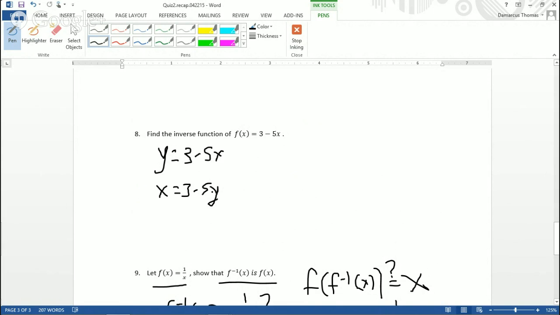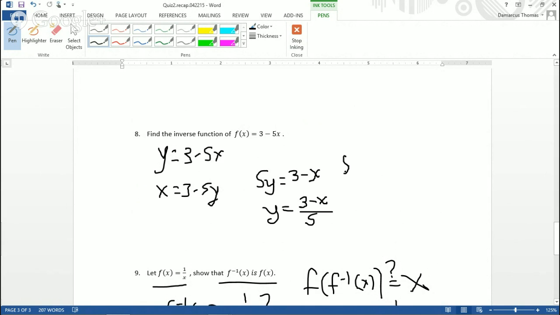Okay, so what I'm going to do is move my 5y over and move my x over. So I'm going to get 5y is equal to 3 minus x. And now I need to solve for y. So y is just going to be equal to 3 minus x all over 5.